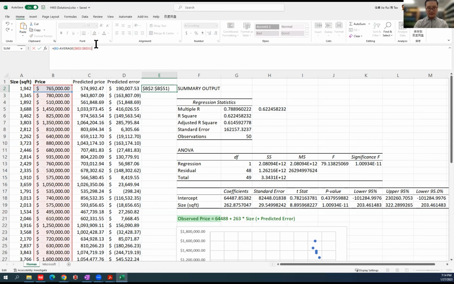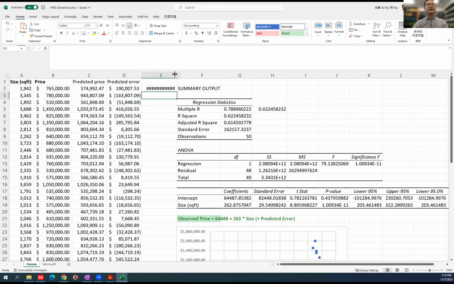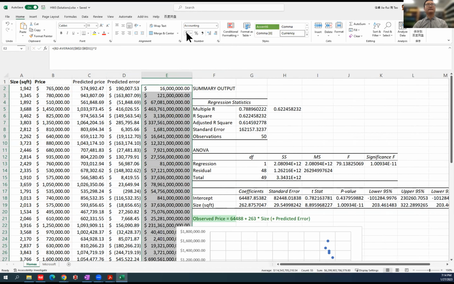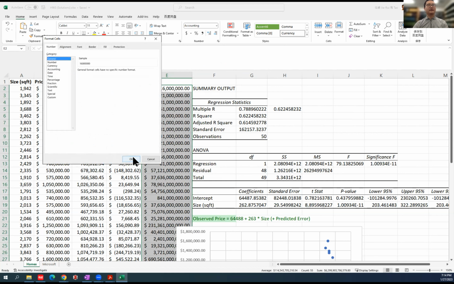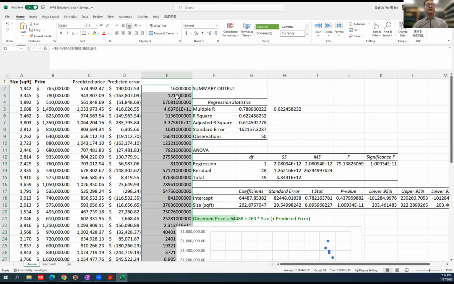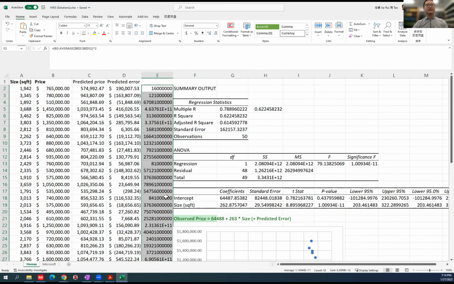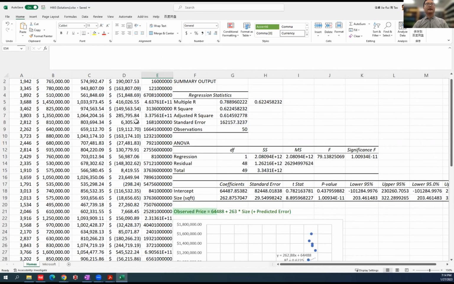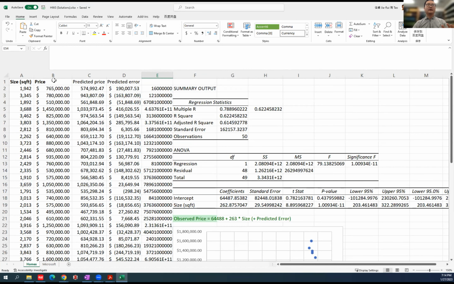That's what variance stands for, although these should not be formatted as dollar because it's square of dollar. So if we sum up these, then that's what it means by variation. The variation captures how price deviates from the mean price.